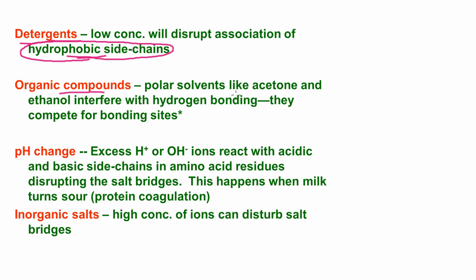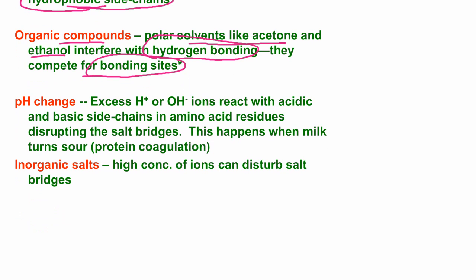Organic compounds, so some polar solvents like acetone and ethanol, can interfere with the hydrogen bonding. If you add ethanol or a polar substance, they're going to compete for those bonding sites. And again, we know the secondary structure and tertiary structure is due to hydrogen bonding.